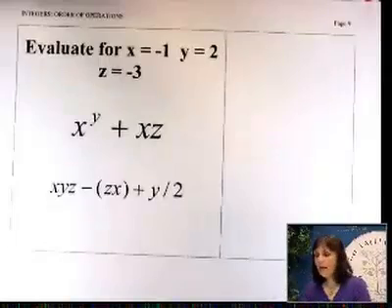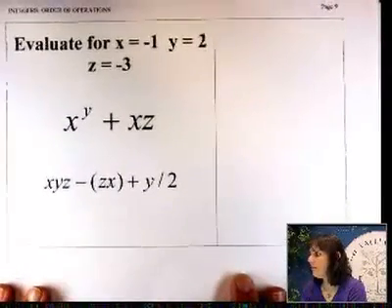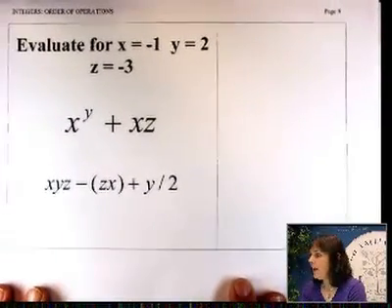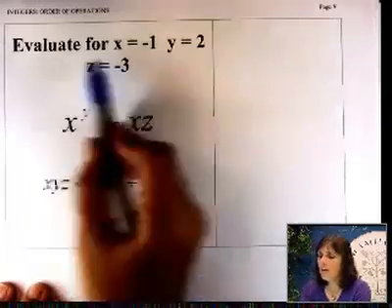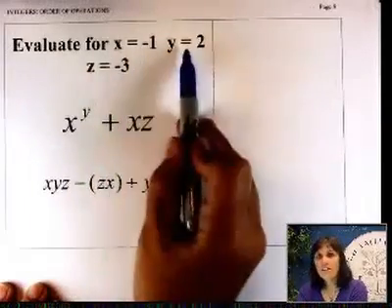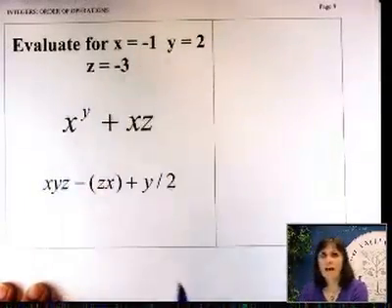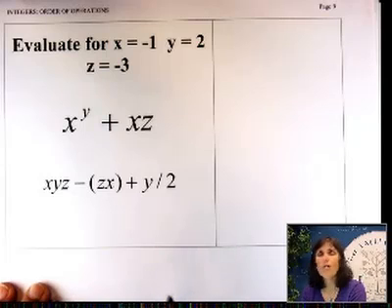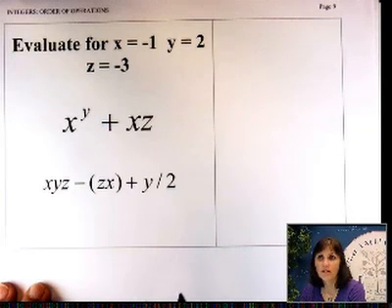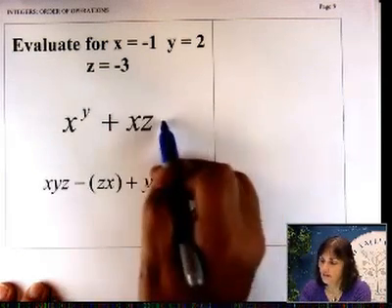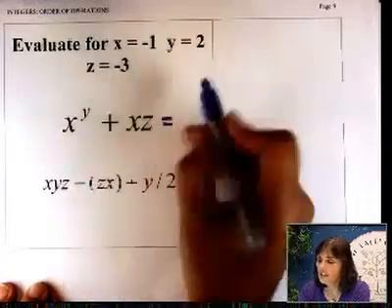All right. Sometimes you're going to see some evaluating problems, and it'll be something like this. Evaluate, given these values, an expression like that. All you have to do is put all the values in parentheses instead of letters, and you'll be fine. So x is negative 1.